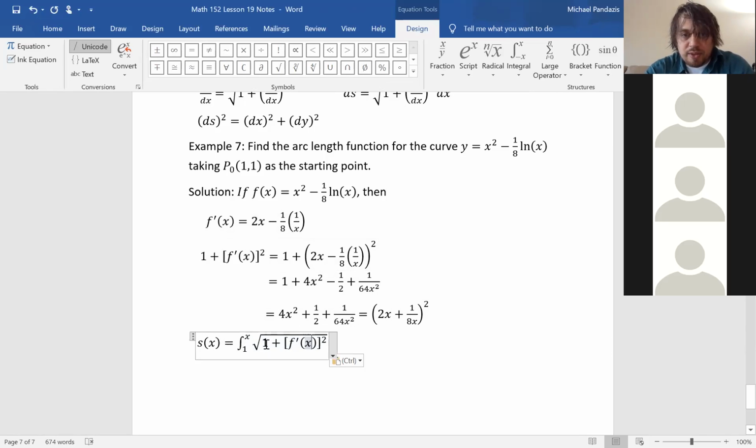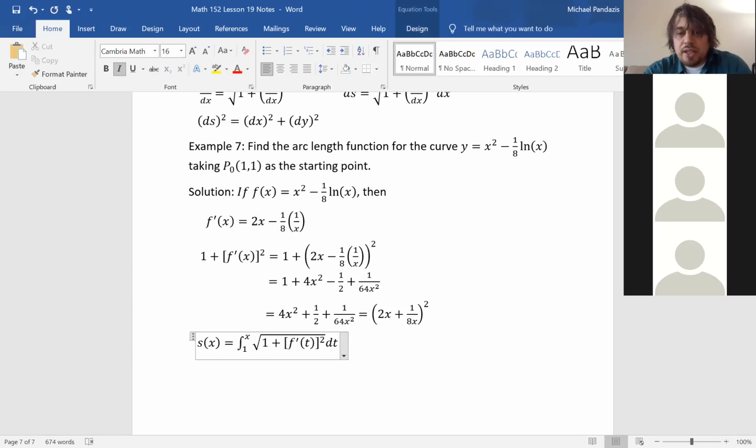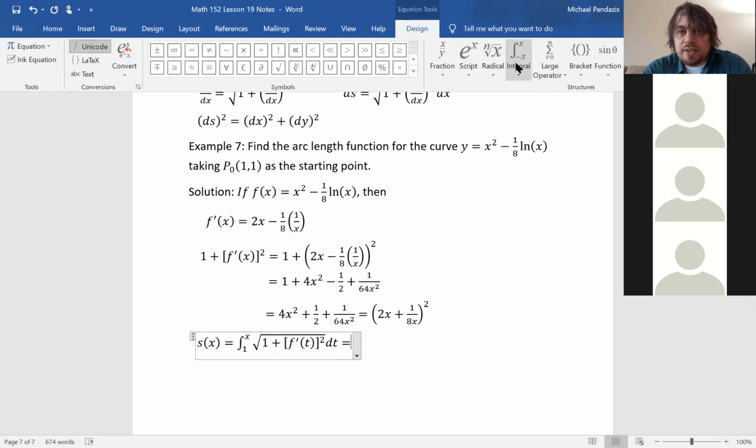I'm using a dummy variable here, so it's going to be t. You see, the goal is you want to find that. Now, you do some calculations to simplify this and write it in simpler terms. So you have 1 to x.